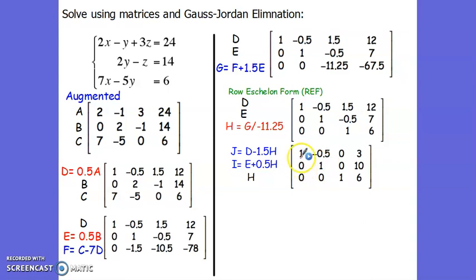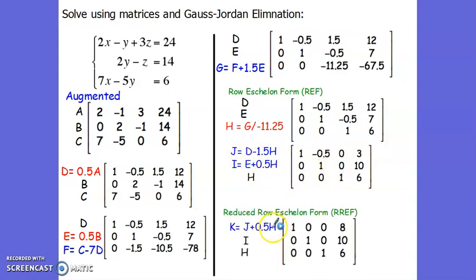But again, this 0 won't change my first column. My third 0 here, that's why I went and got that last time. That's not going to change my first column or my first row, which means the only thing that'll change is if I multiply row 2 by a half and add it to row 1, right? And notice I got a little bit of a typo here. I got to fix that up.